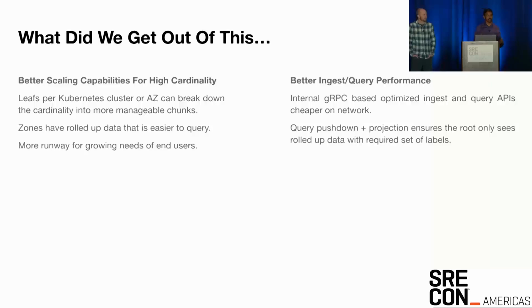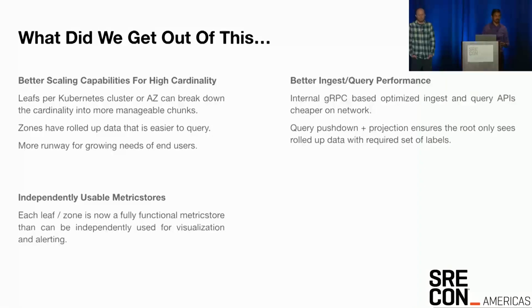One of the things that we did was keep the end user ingest and query contracts the same, but internally we had our own gRPC APIs that were purpose built, and they had some optimizations to manage symbol tables and query pushdown and projection, which greatly saved on CPU and memory utilization on many of our data paths.